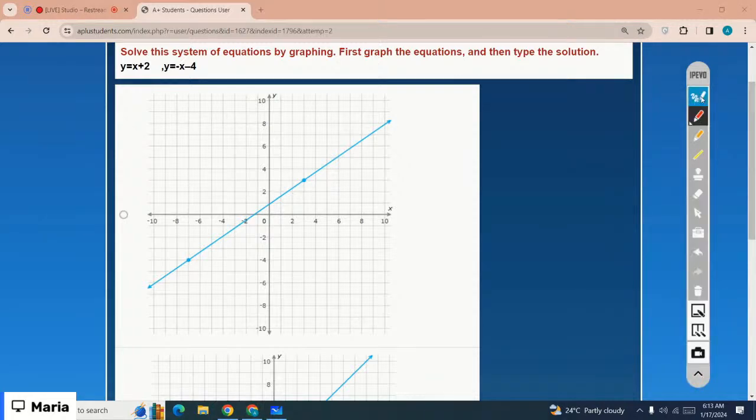For the first equation, y equals x plus 2, the slope is 1 and the y-intercept is 2. X is 0, y is 2. For the second equation, slope is negative 1 and the y-intercept is 0, negative 4.